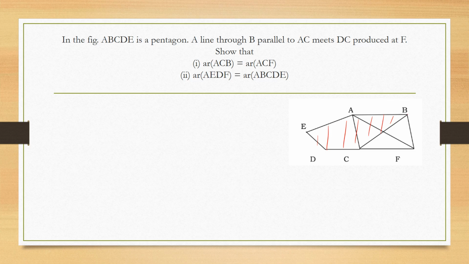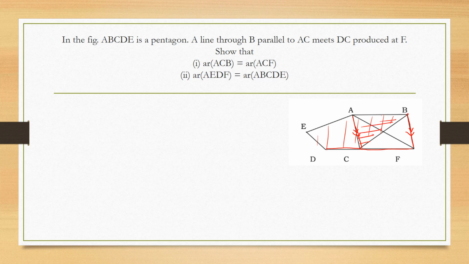A line from B parallel to AC. So parallel to AC is this line. Meets DC when produced at F. Right? So this simply means that these two lines are parallel. We have to show that area of ACB is equal to area of ACF.